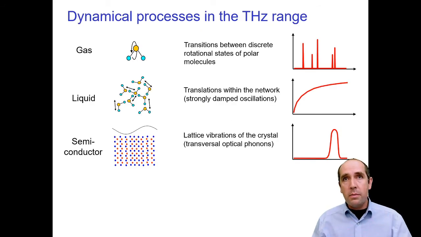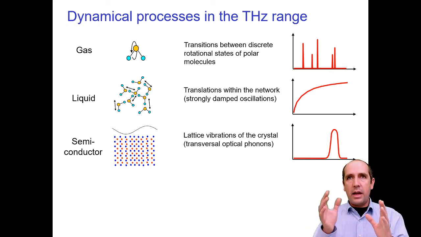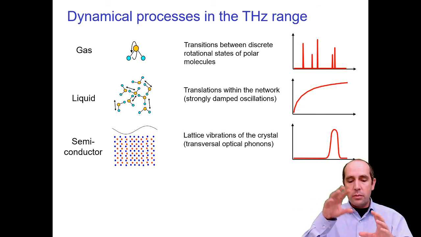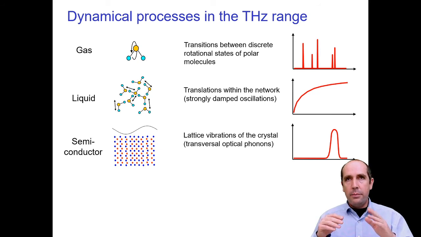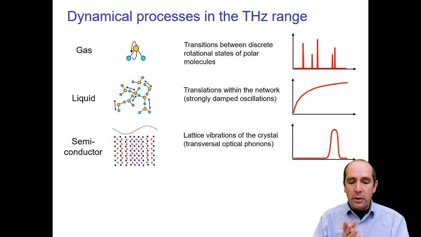An even more extreme case, for example, is the case of a crystal. A crystal is a material that has order in its atoms. So the atoms or the molecules or whatever forms the crystal, for example, a semiconductor or many metals or many other materials, form crystalline lattices.